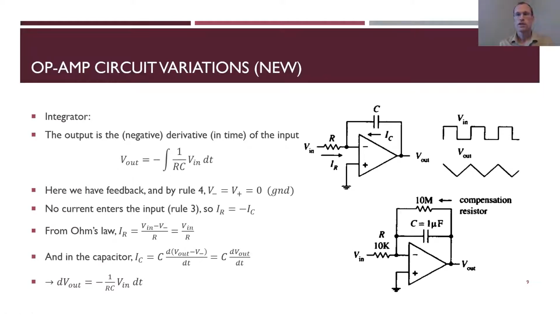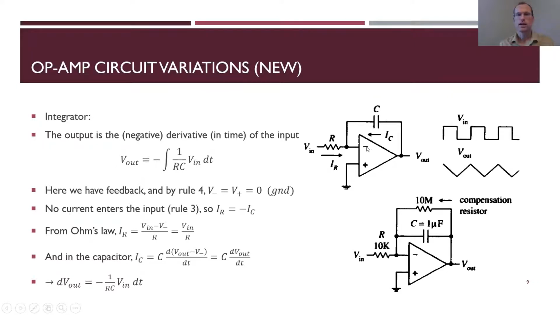So a couple of new variations that we didn't see last week. The first one is the integrator circuit. Instead of having a resistor both after V in and in the negative feedback loop, if we replace that resistor in the negative feedback loop with a capacitor, the output ends up being the negative integral of the input.